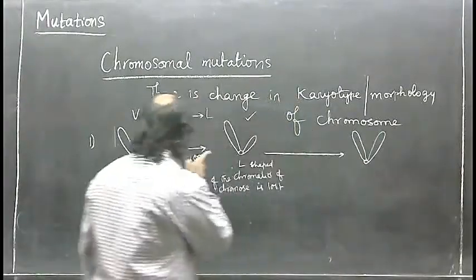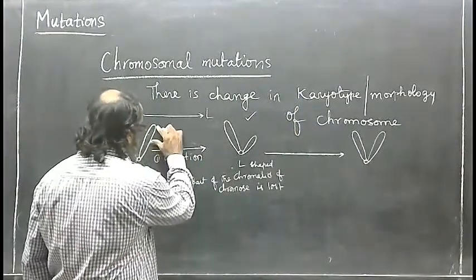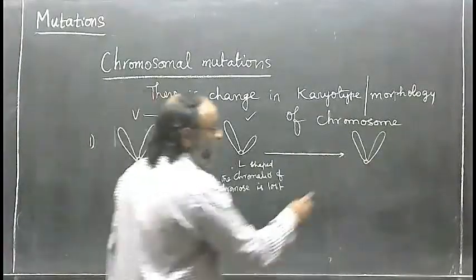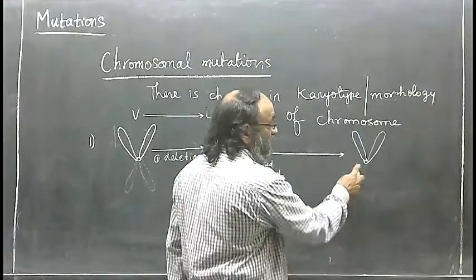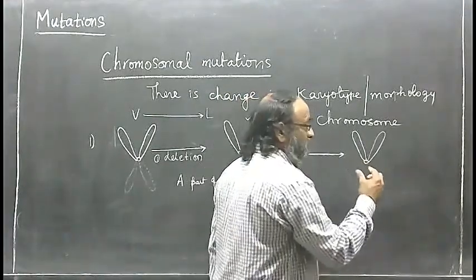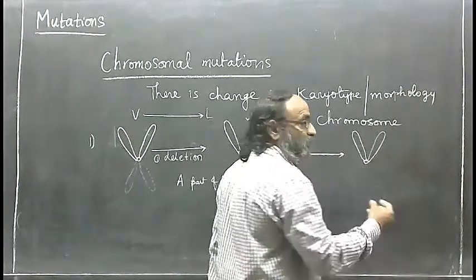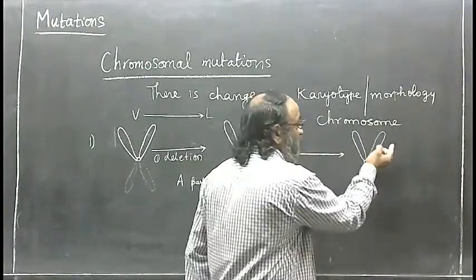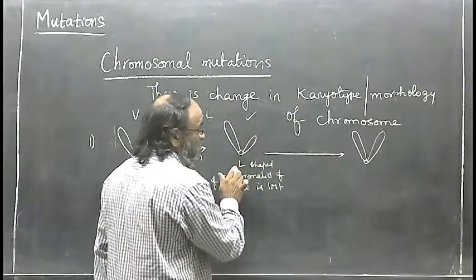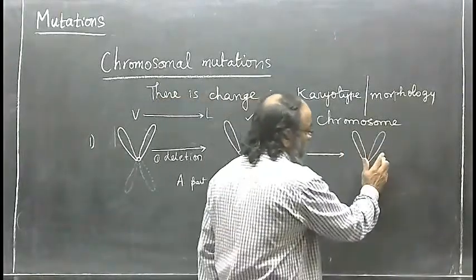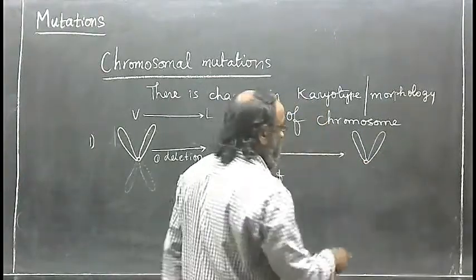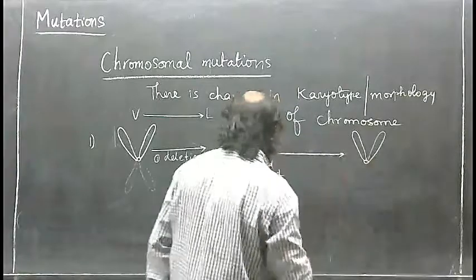In the earlier case, a part of the chromatid is removed. In this case, a new segment of chromatid is added. As a result, the L-shaped chromosome becomes V-shaped.